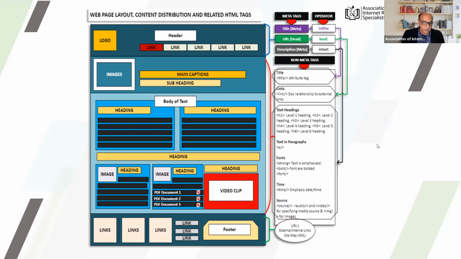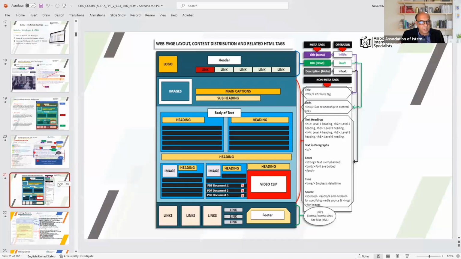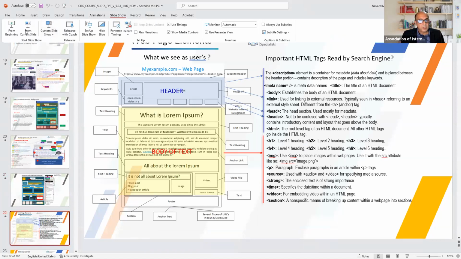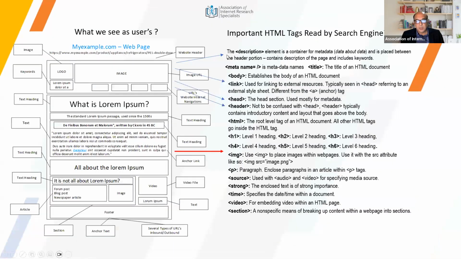But let me make it even easier for you to understand the tags, which is best represented with this diagram here. So let's suppose it is the header part and you're doing in title.